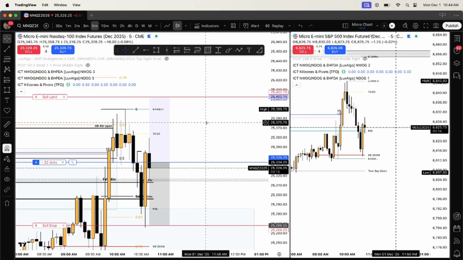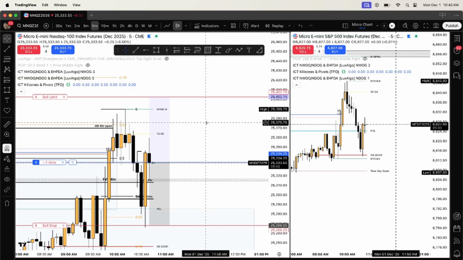No, we just tapped into that order block, but to me this is looking bullish, so let's just see how everything plays out. If we lose, then we lose. I mean, there's not really much I can do. Looks like we're continuing our way bullish.